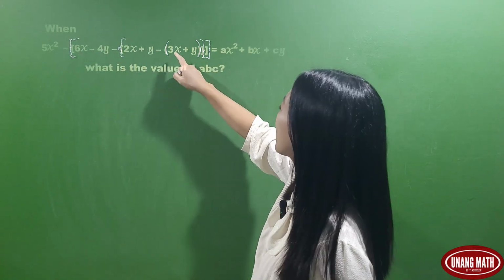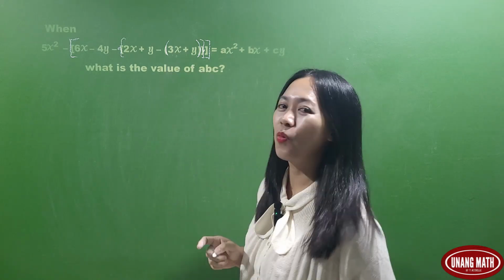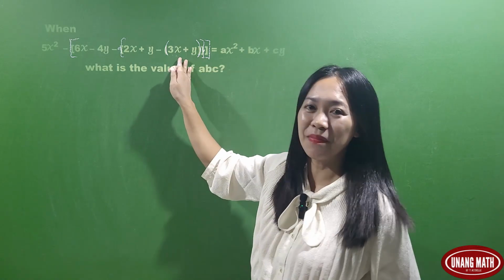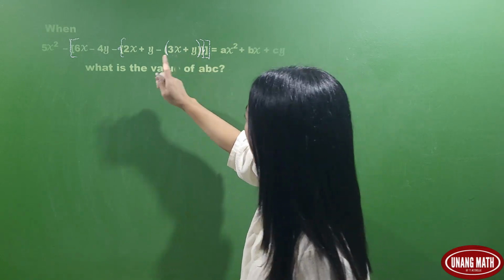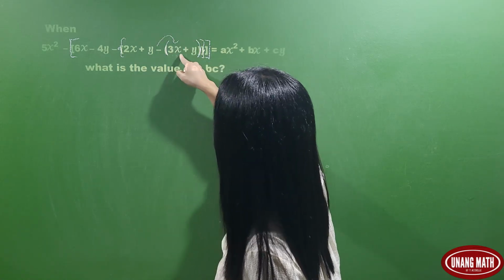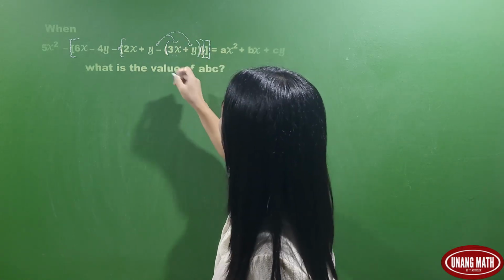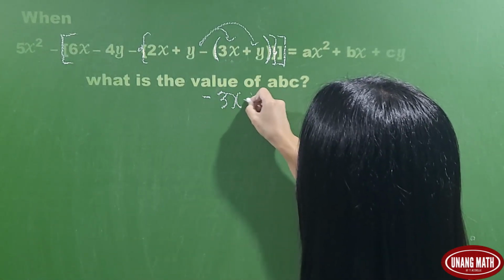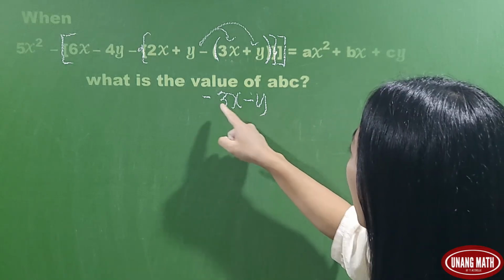So first, 3x plus y. But this 3x plus y can no longer be simplified because they are not like terms. So what we need to do this time is this negative times 3x and negative times y. So this is going to be negative 3x minus y.